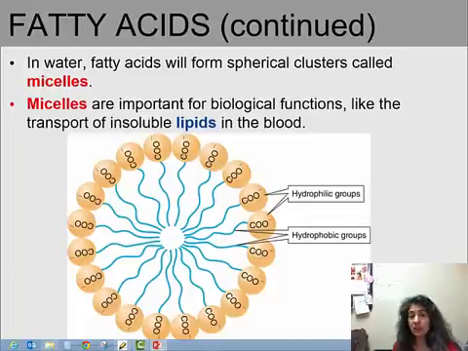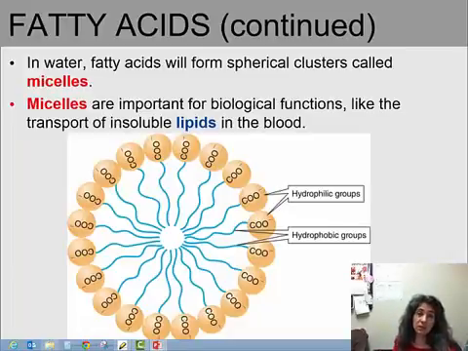We can see that all of the nonpolar tails are pointed in towards each other. We know like dissolves like, so we know like mixes with like, back to Chemie 121. So we know that those nonpolar tails are all going to want to gather together. And if we're in a solution of water, the nonpolar tails will gather together and the polar heads are going to be sticking out because they're polar, they're going to go with the water.